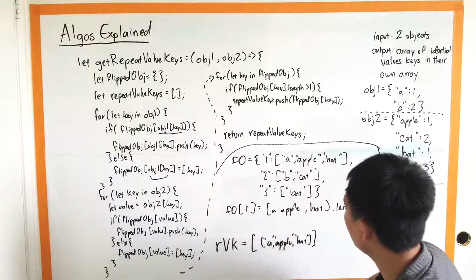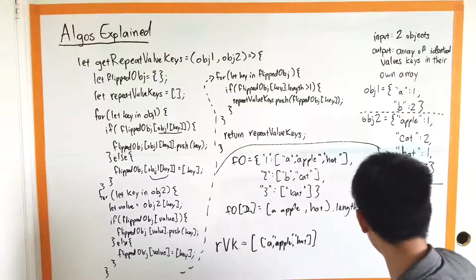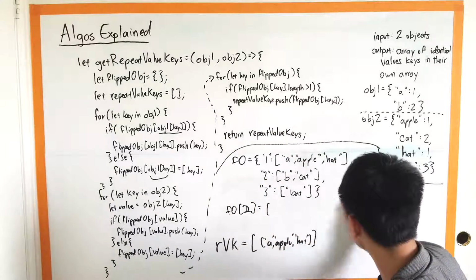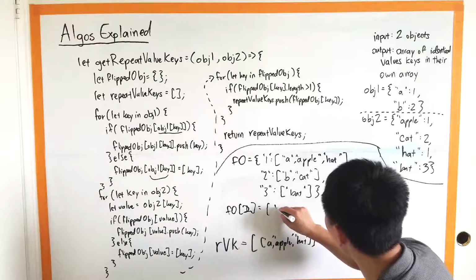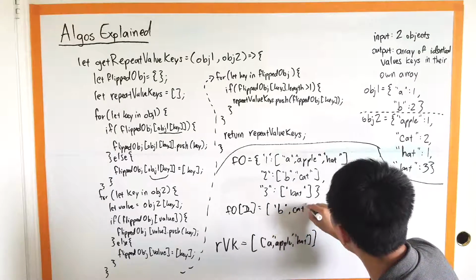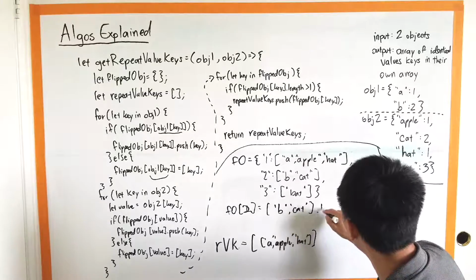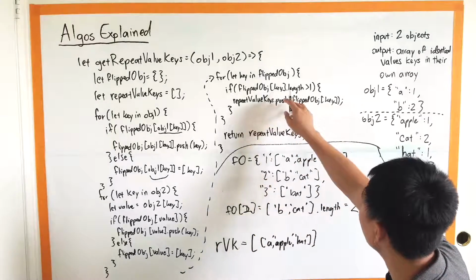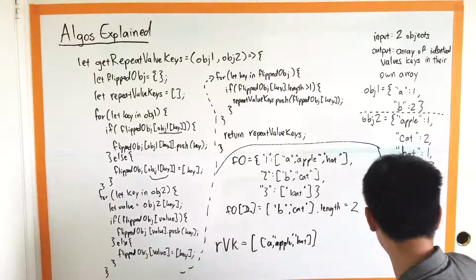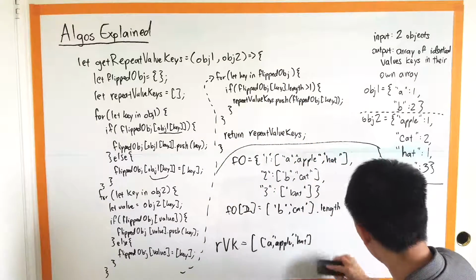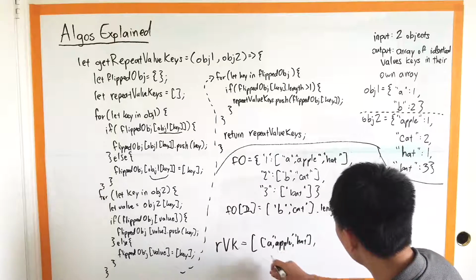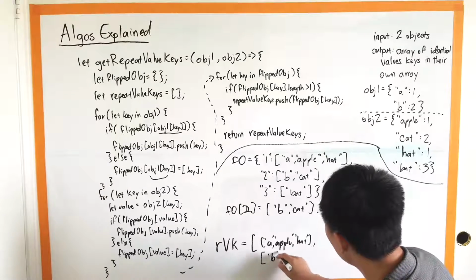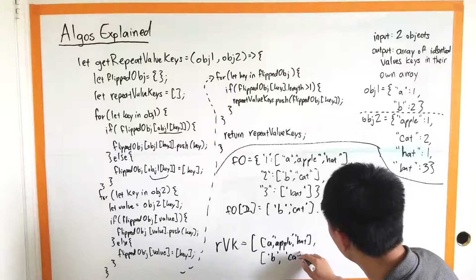Next key is 2. We're looking at B and cat. That length equals 2. And yeah, it is greater than 1, so we're going to go ahead and push it in here too. Just going to do a comma there: B and cat.